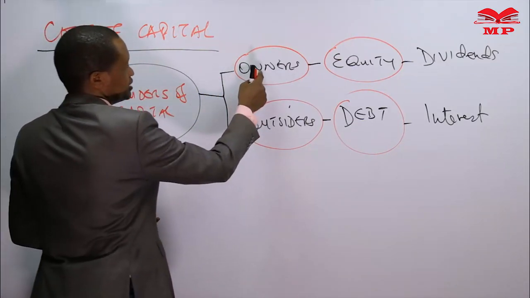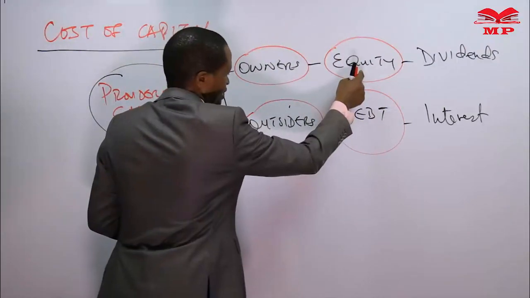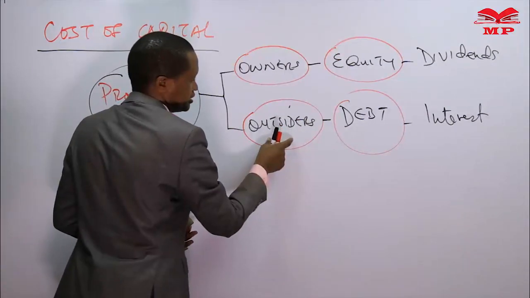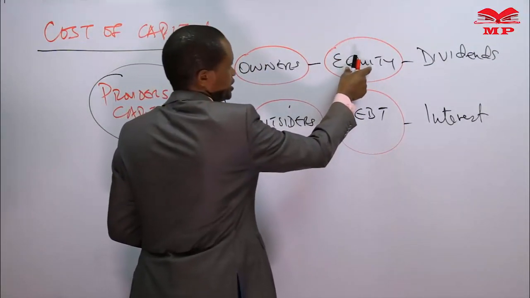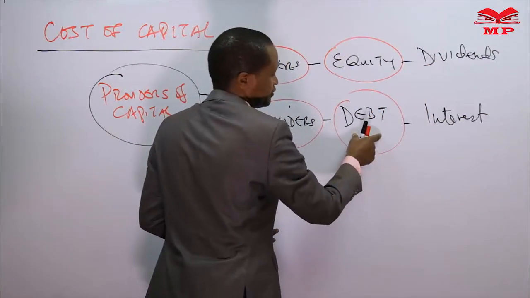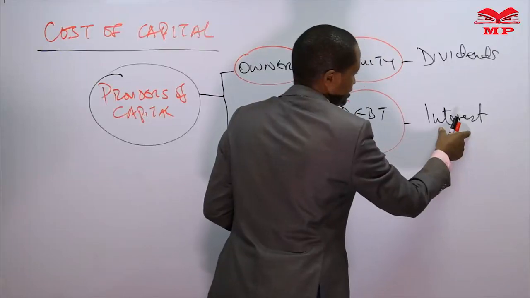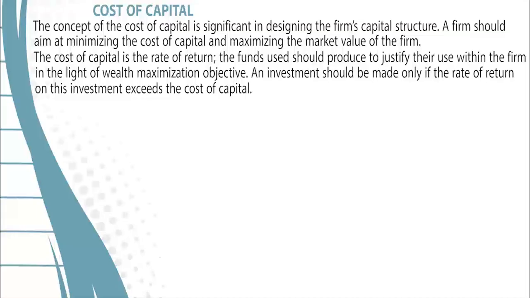The owners' funds is referred to as equity, and the money from outsiders is referred to as debt, and the return on equity is known as dividends, and the return on debt is referred to as interest. So that is what we only need to understand there. Then we can consider the importance or the significance of cost of capital.